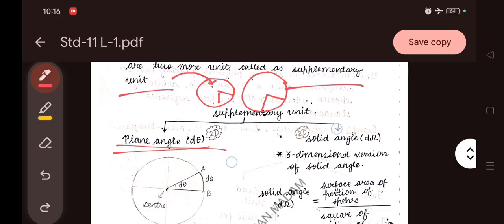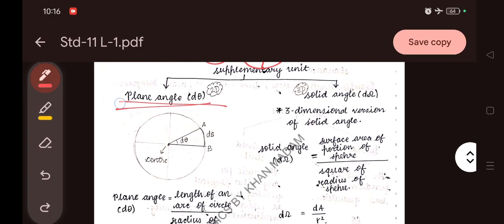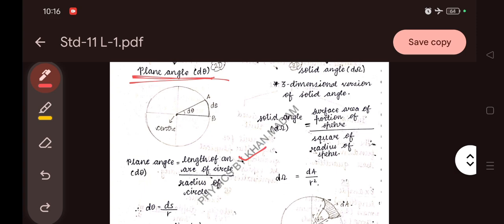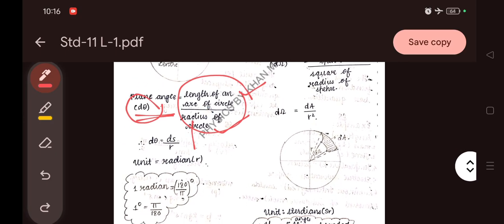Similarly, plane angle is the ratio of the arc length of a circle to the radius. Plane angle is denoted by d theta, and d theta equals ds upon r. The unit of d theta is nothing but radian.